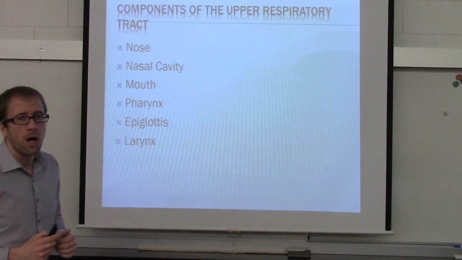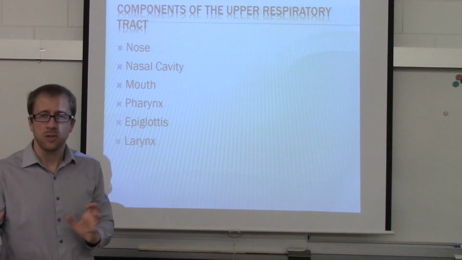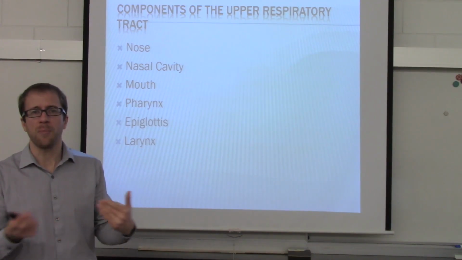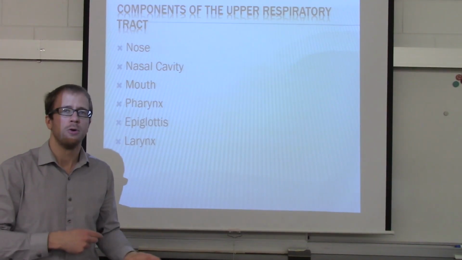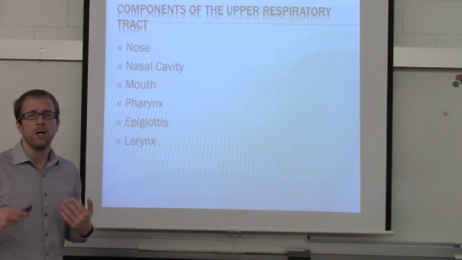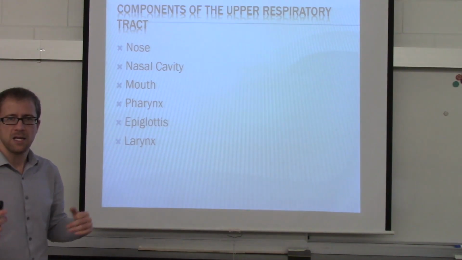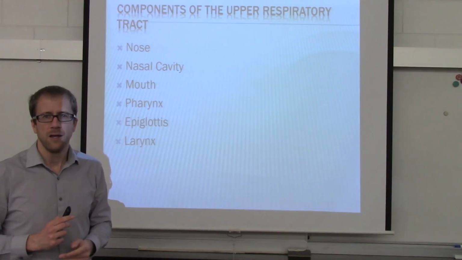Now, your upper respiratory tract, we're going to break this unit up into two different segments, your upper respiratory tract and your lower respiratory tract. Your upper respiratory tract consists of your nose, nasal cavity, mouth, pharynx, epiglottis, and your larynx, right?